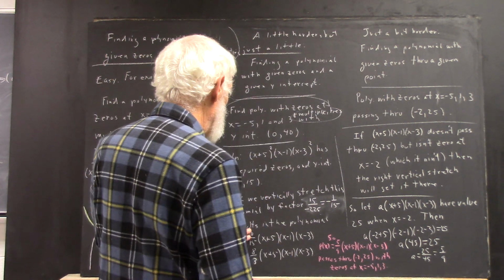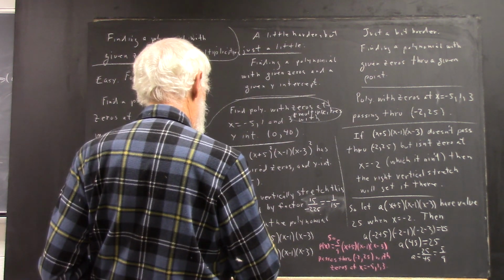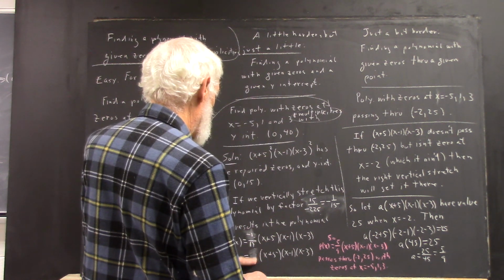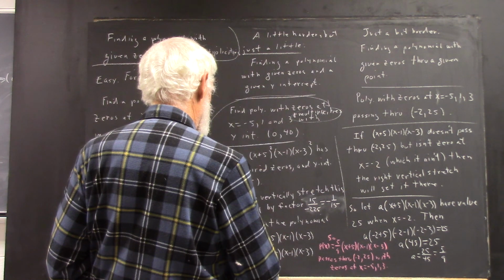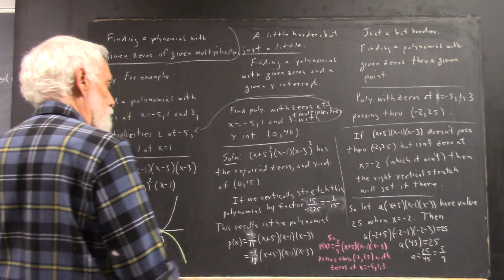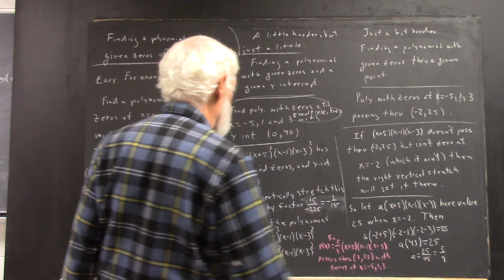So that the polynomial would be negative 1/15, and it wouldn't simplify. Still negative 1/15 of this. Of course, this would be squared, and this would be squared, this would be squared, this would be squared.